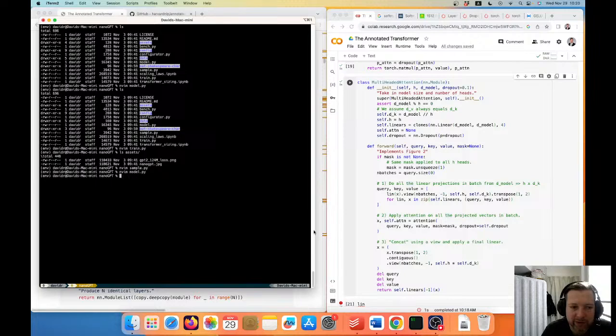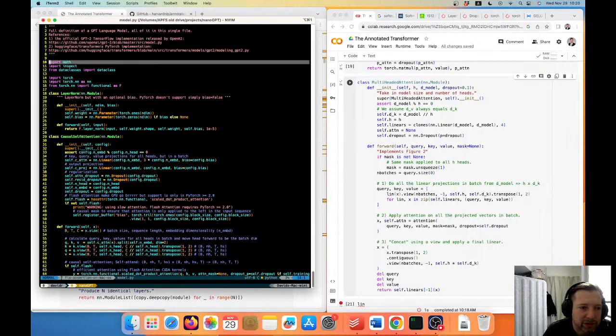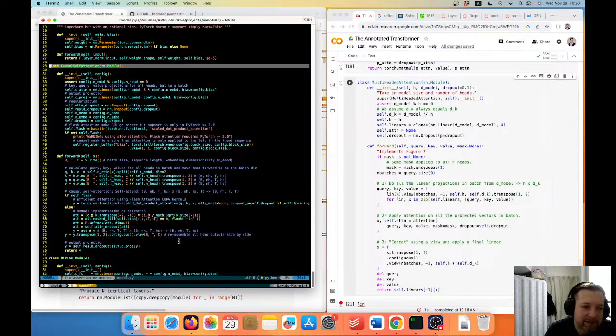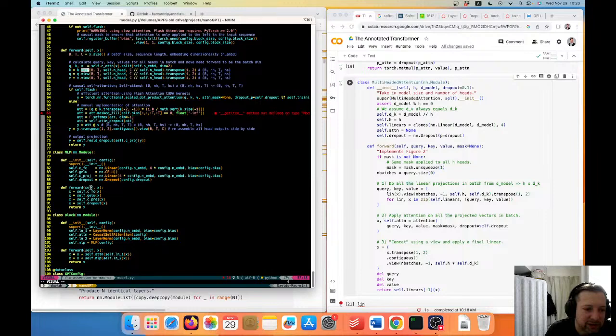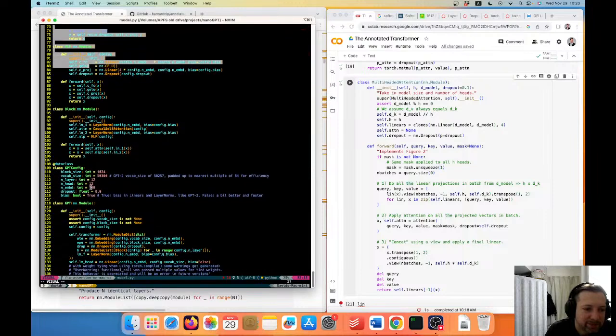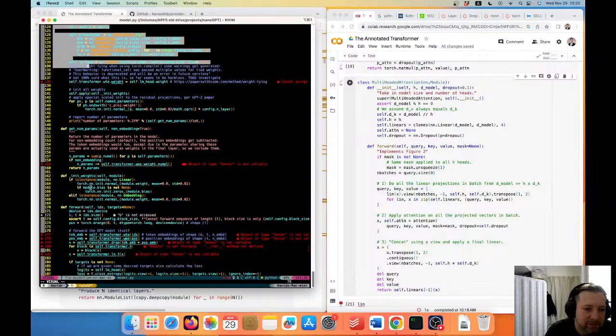Maybe this is easier to see in PyTorch code. Oh, he's also using this, interesting. Where is a good example? Yeah, right.